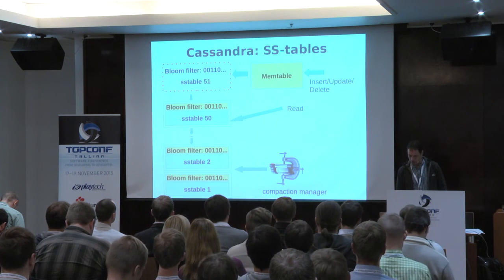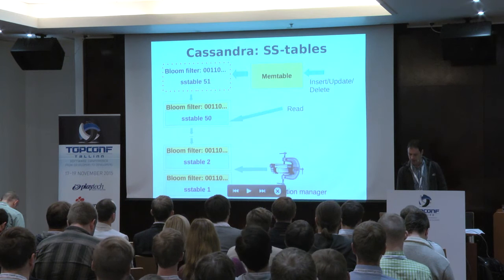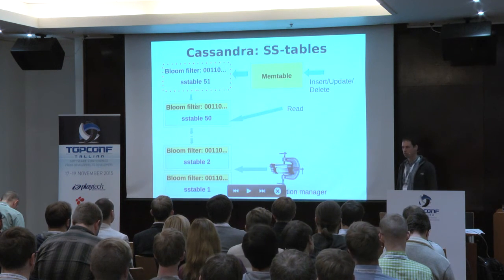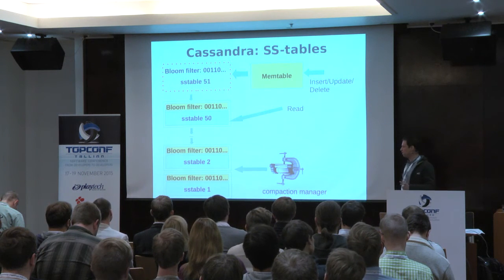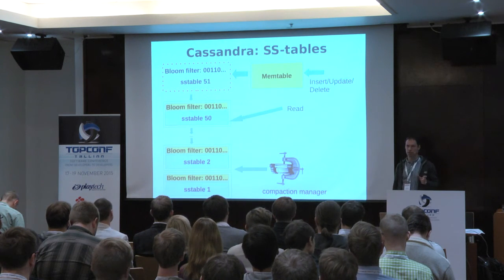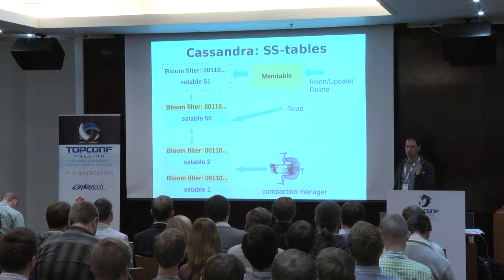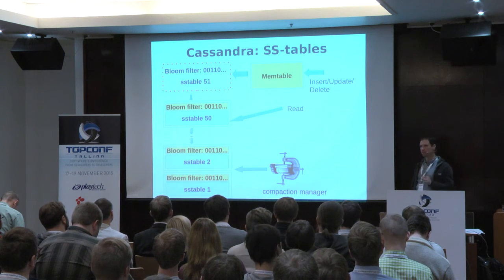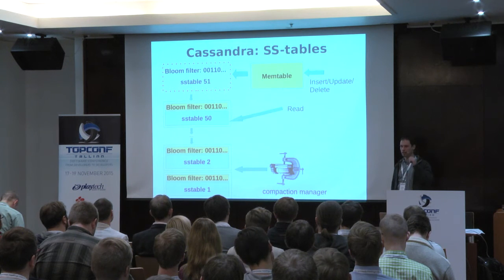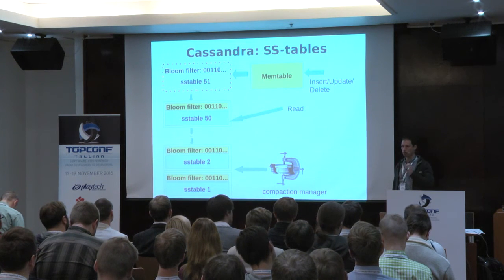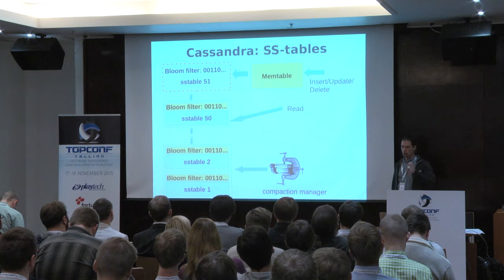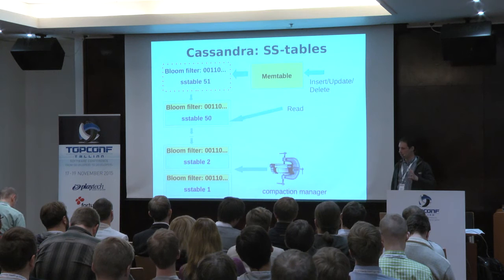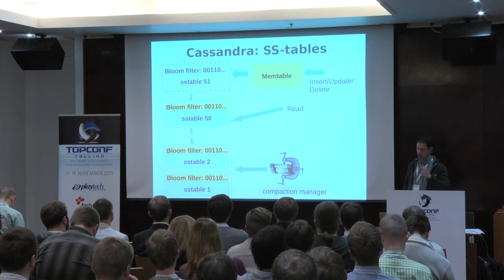Yes, that's true, but for that, Cassandra has a special kind of data structure called a Bloom filter. It's an in-memory, very efficient index, which is attached to all of the SS tables, and using this index you can easily filter out those tables which do not contain these requested partitions.